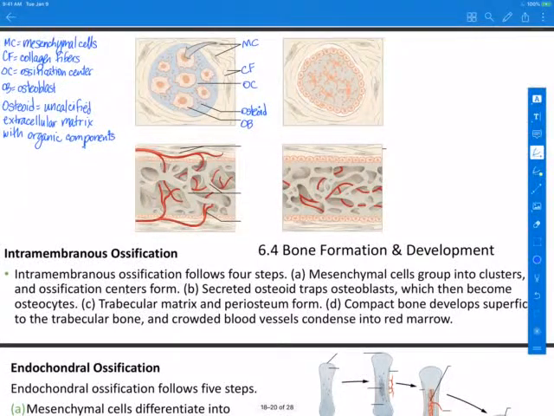I compared periosteum and endosteum, and we looked at the gross anatomy of a flat bone, which is the typical structure for everything but the long bone. And then we looked at the microscopic structure of bone and the different types of cells found within them. Compared compact and spongy bone, and we talked a little bit about the osteon and spongy bone.